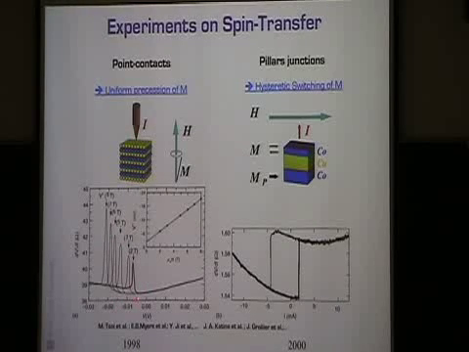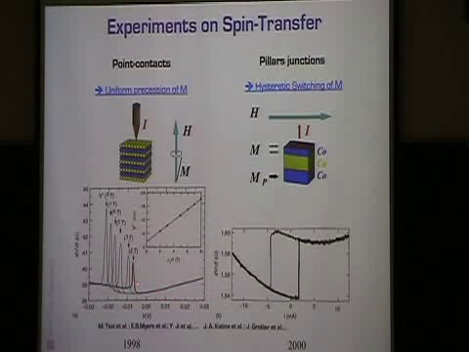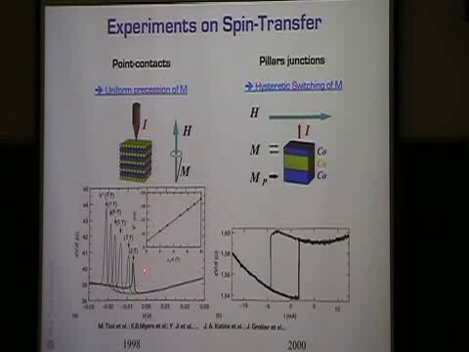What he saw is that for one direction of the voltage current, nothing happened in the differential resistance. Whereas in the other direction, you saw blips in the differential resistance, which move to higher field as you increase the voltage. That was taken as some evidence for some kind of dynamics, not clear exactly what.